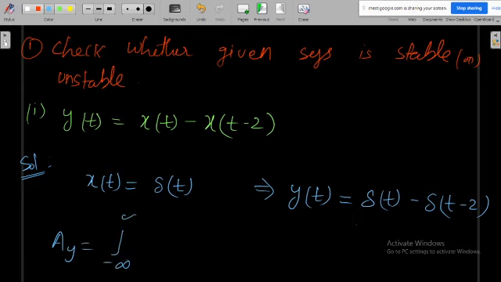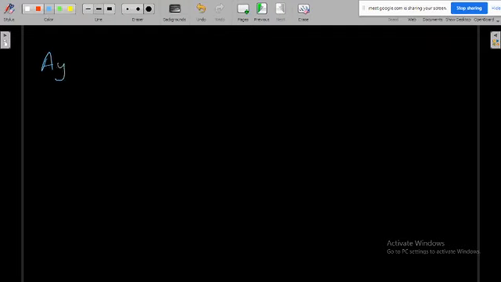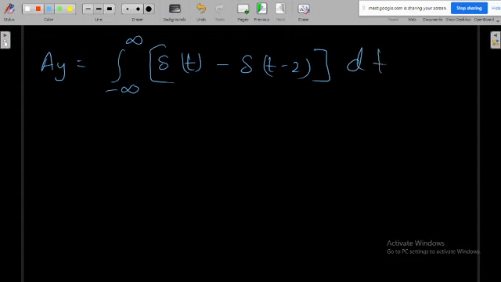That is the integral from minus infinity to plus infinity of y of t dt, which is the integral of del t minus del t minus 2, dt. What is the area? Anybody?